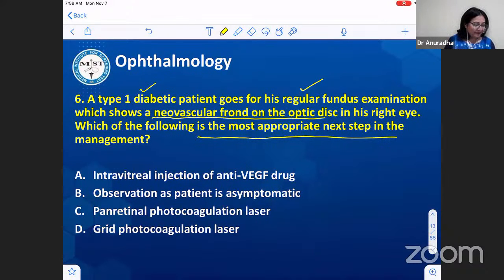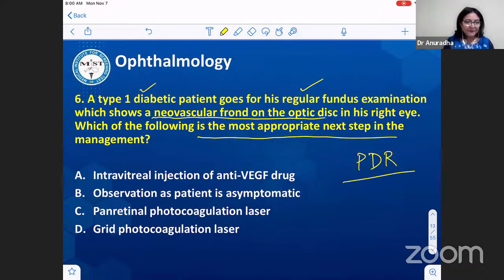So I see the house is divided between choice A and choice C. Interesting. What is the diagnosis according to you, friends? Once there is neovascularization on the optic disc, your diagnosis is proliferative diabetic retinopathy.